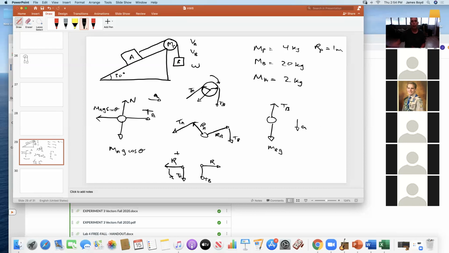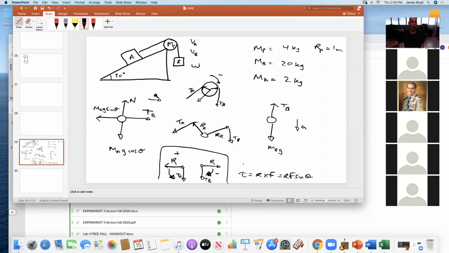By the right-hand rule, that one is clockwise, so this one is negative. And further, I know that this whole thing is negative because it's clockwise. So what I've got on that torque diagram, this is the part that's important, okay? I draw my radius and I draw my tension. Remember that torque is R cross F, or RF sine theta.